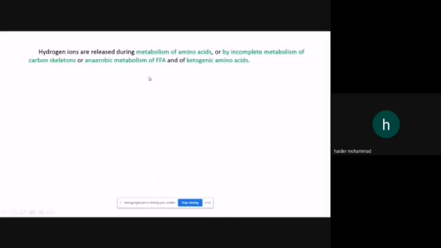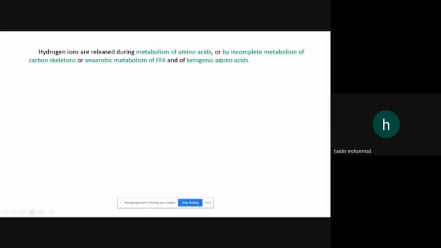First, metabolism of amino acids. We have protein, hydrolysis to peptides, peptide hydrolysis to amino acids. Amino acids undergo catabolism. This is a normal process, and this normal process will release hydrogen ions. This is the first source.